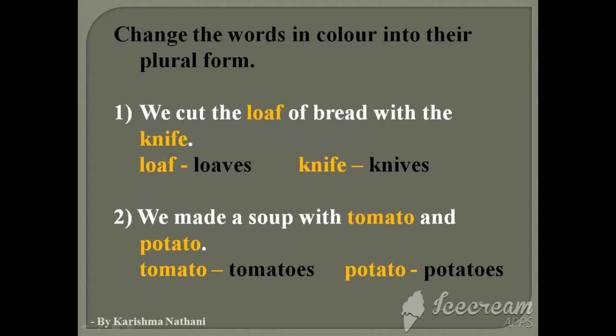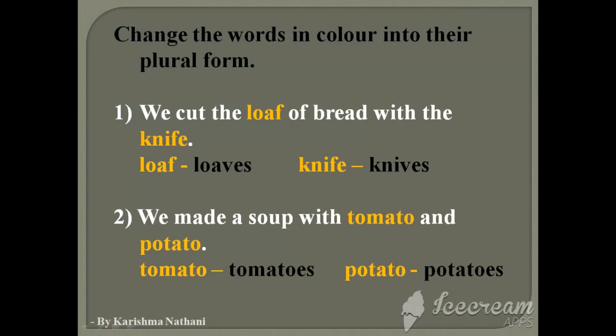Question 2. Change the words in color into their plural form. We have to change colored nouns into their plural form. First one is we cut the loaf of bread with the knife. So here two nouns are colored, loaf and knife.